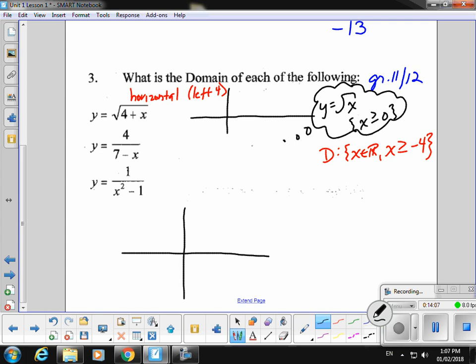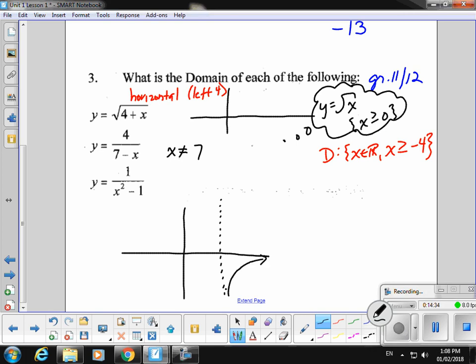So I have a vertical asymptote because x cannot be 7. And I know that I have a function that approaches that value and approaches a horizontal asymptote as well, since the degree on the bottom is 1 higher than the top. So we're going to have a function that looks like that.